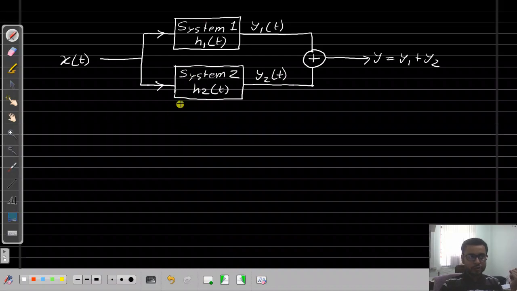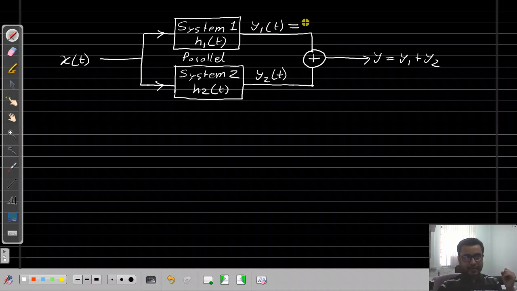This is called parallel connection. So this way you can connect two generators in parallel like this. Now what will be the final output? Let's calculate.